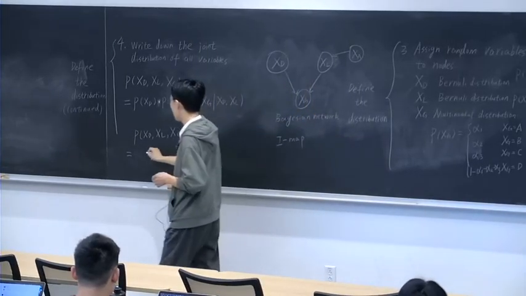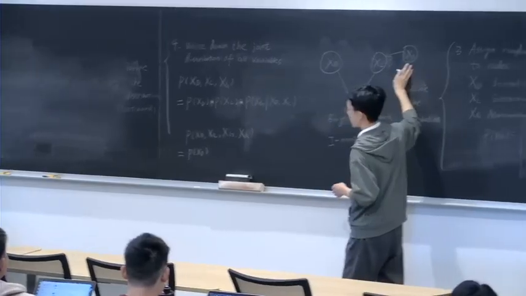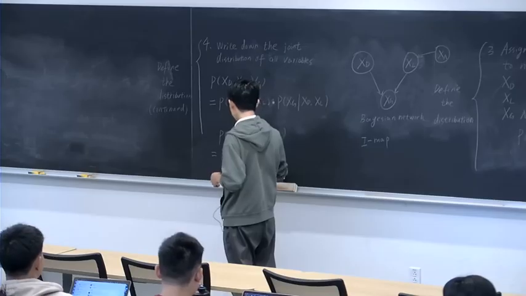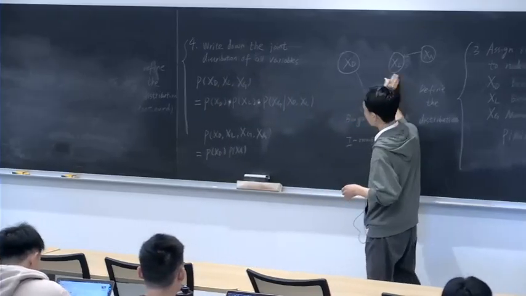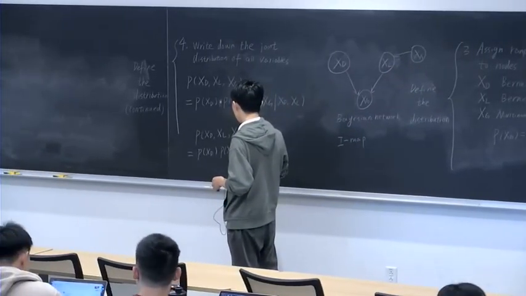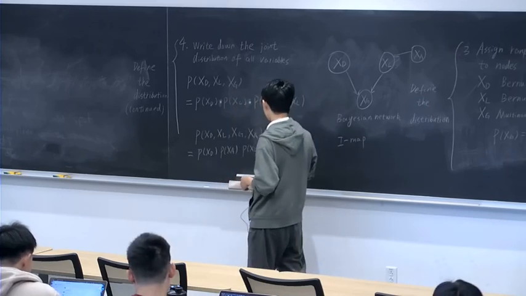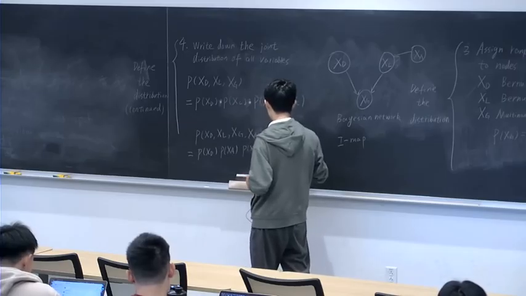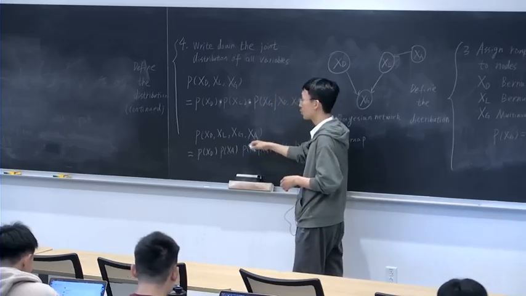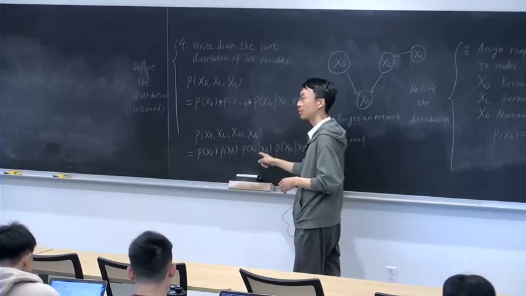You write down p(xd) because d has no parent. Then for this new variable xa, it has no parent, so it's p(xa). Then for xl, now it has a parent, so we need to write p(xl) conditioned on its parent, which is xa. Then for xg, it's the same: its parents are xd and xl. So the rules are the same. If the node has a parent, then you need to write down a conditional distribution.